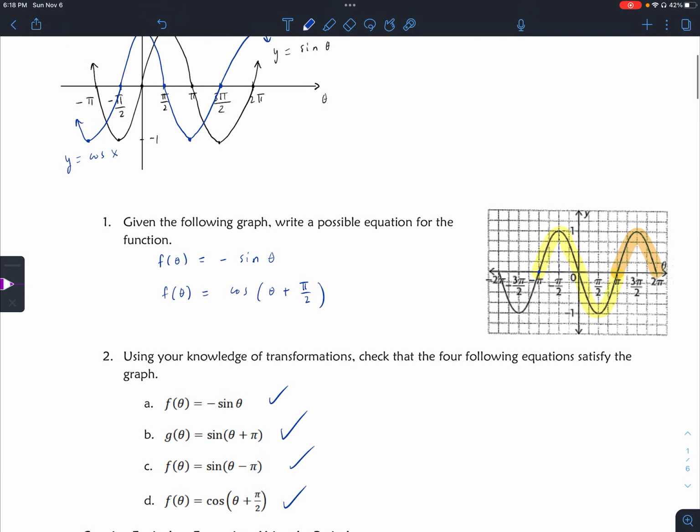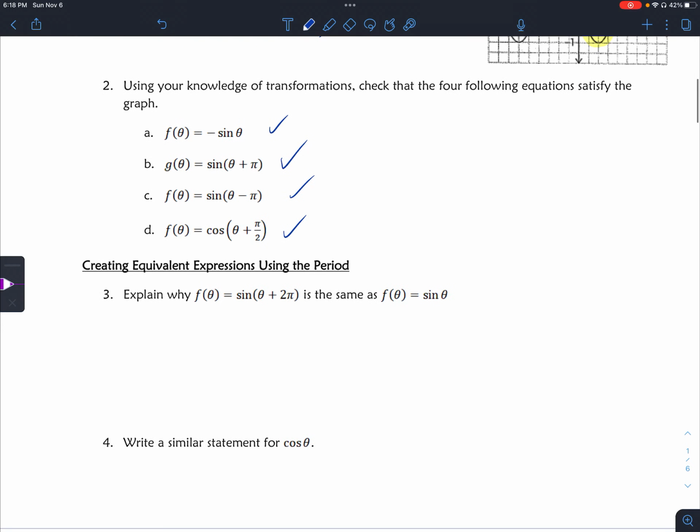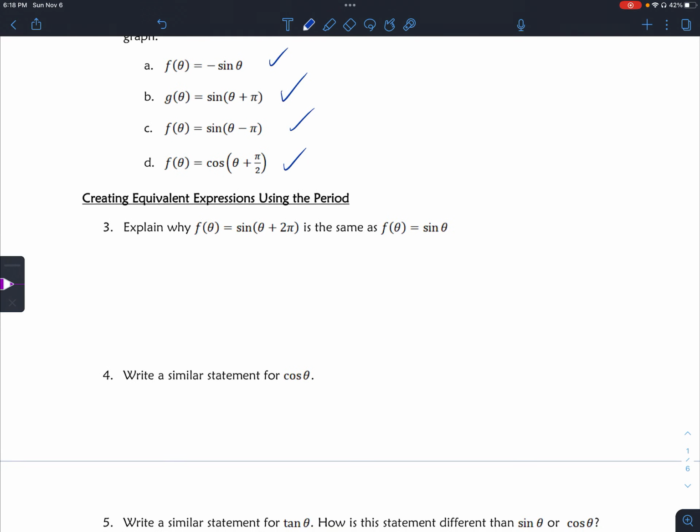We can see from the graphs that we've plotted that the period, the length of one cycle, for sine and for cosine is 2 pi, or thinking back to grade 11, 360 degrees. So if we translate the function, plus 2 pi means what? We're translating 2 pi units to the left, a phase shift of 2 pi to the left. If we translate 2 pi to the left or to the right, it doesn't actually matter, we will get the exact same function.